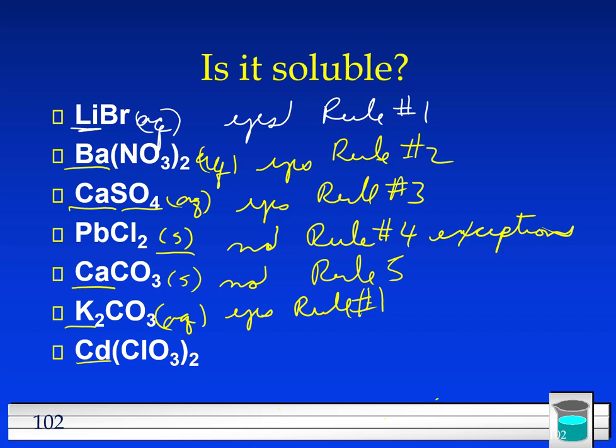No. ClO3 is called chlorate. What does the rule say about chlorate? It says they're soluble. Rule 2. Does it say chlorates are soluble?